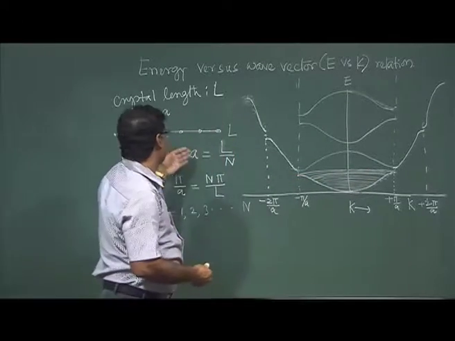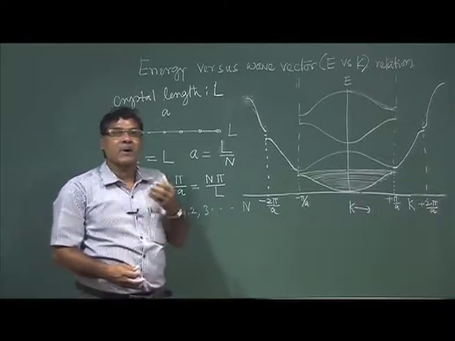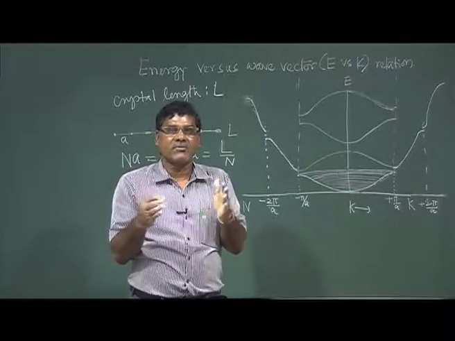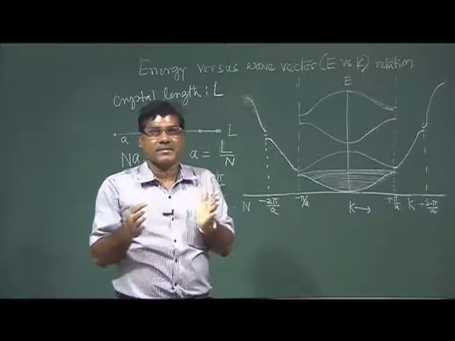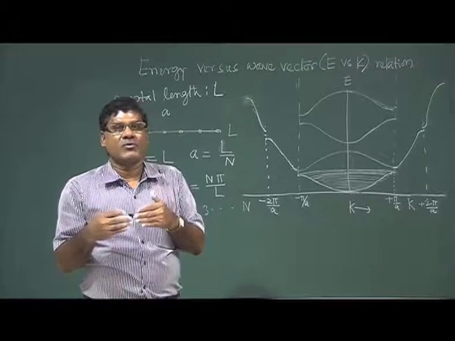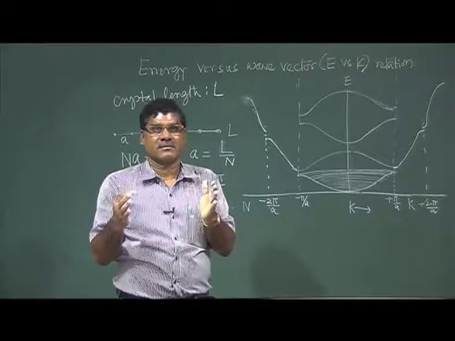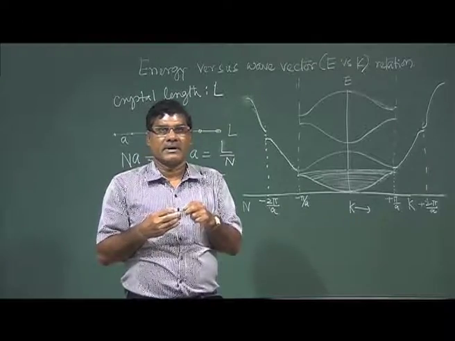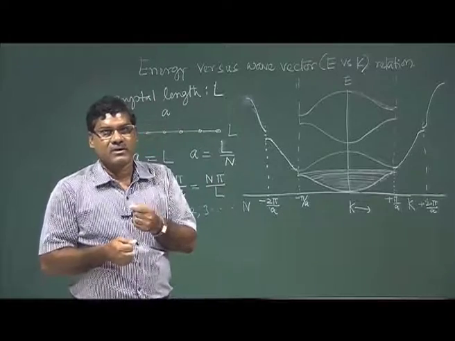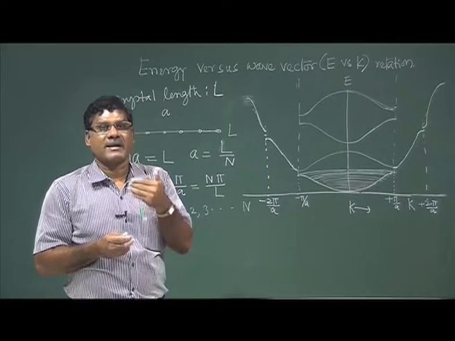That is equal to the number of unit cells in our crystal, which will be equal to the number of lattice points in our crystal, and that will be equal to the number of electrons in our crystal if in each lattice point one atom is there, and that provides one conduction electron or valence electron, whatever.